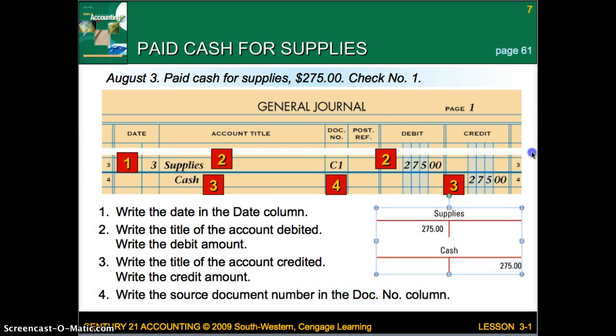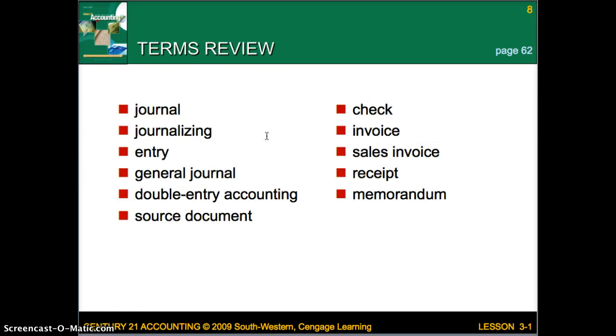Okay, terms to review: journal, journalizing, entry, general journal, double entry accounting, source document, check, invoice, sales invoice, receipt, and memorandum. The only thing I didn't really talk about as much is this double entry accounting. All that is the recording of debit and credit parts of a transaction.